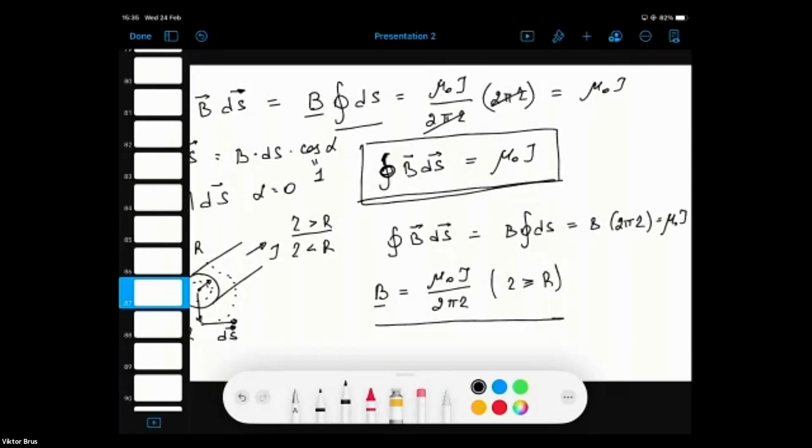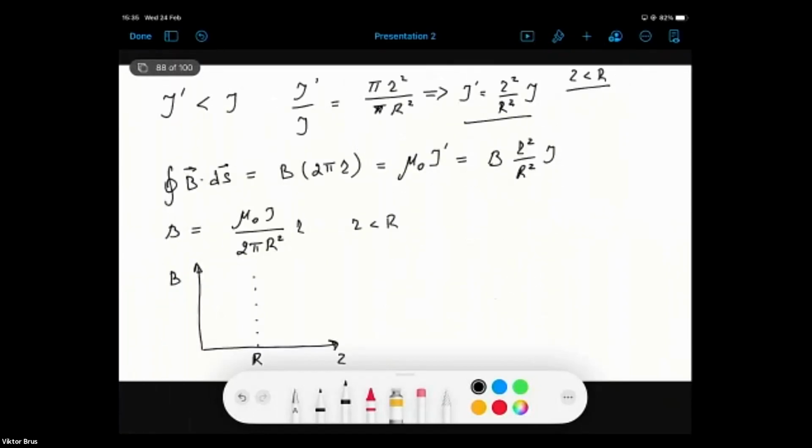So we can come back to this slide, and here it will be something like this. When the distance is larger than the radius, it is proportional to 1 over r.